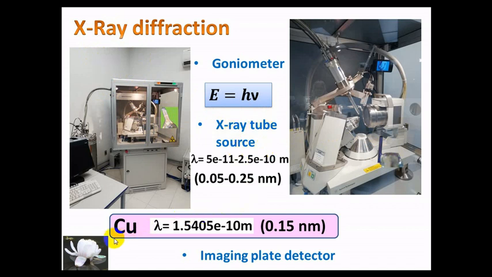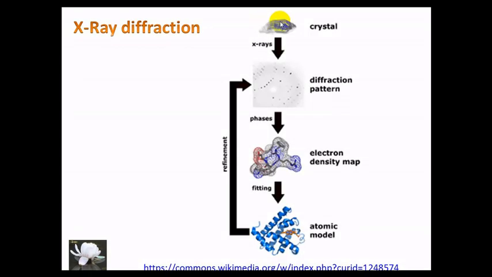If the lamp is copper, the wavelength is 0.15 nanometers. The X-ray is deflected when it crosses the crystal. After that, a diffraction pattern is obtained. The data are processed, and the electron density map shows the molecular structure of the compound.